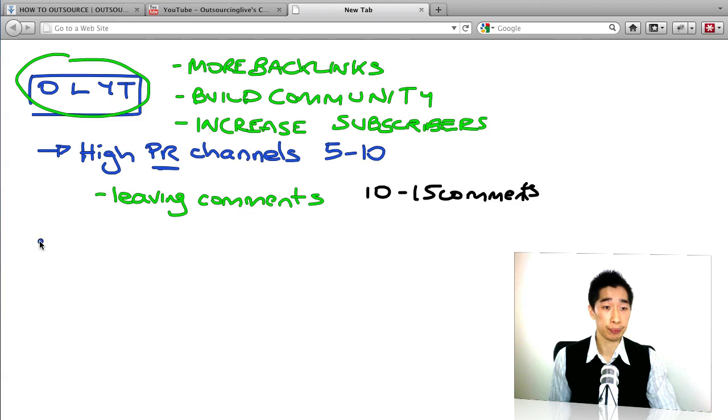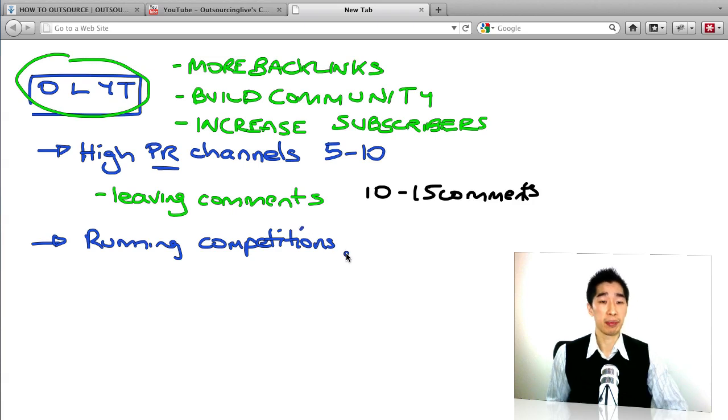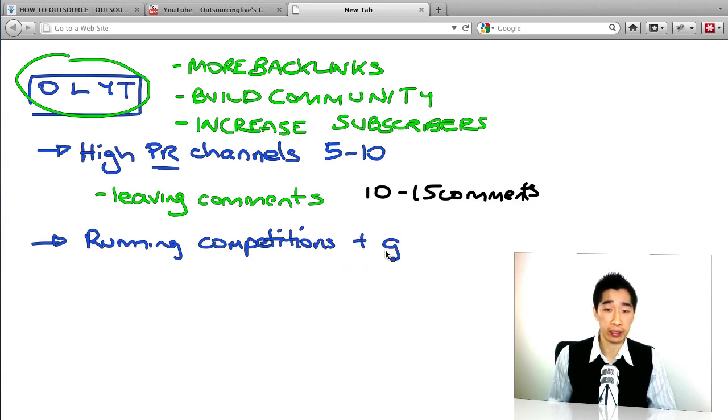The second strategy that we're going to be doing is running competitions. So competitions are going to be here and there. Obviously, I'm not going to run one every week, because for me, it's going to be costly, but we're going to run it here and there, and also some giveaways as well.